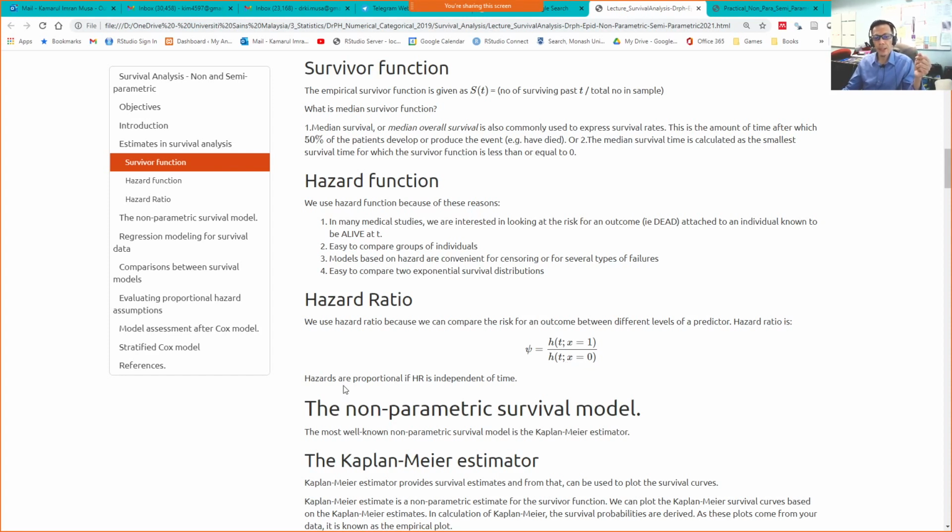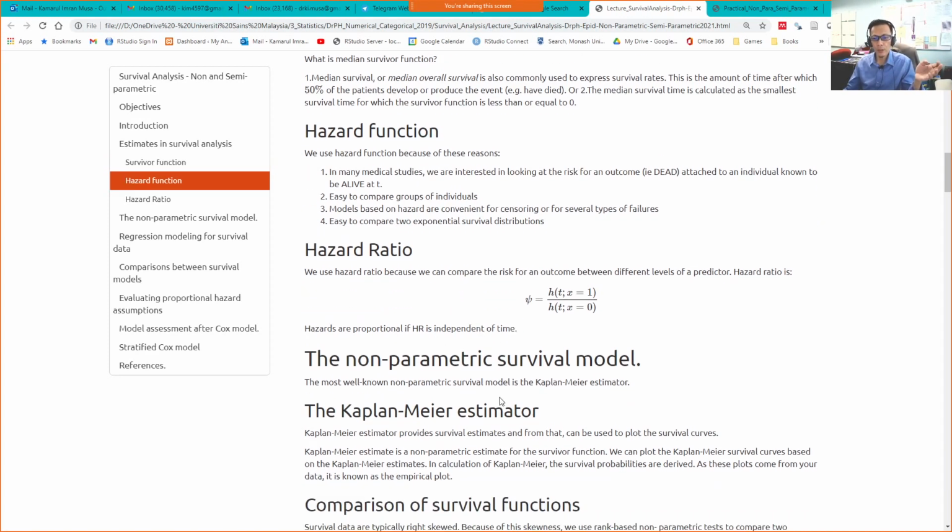Okay, and hazards are proportional if the hazard ratio is independent of time. Okay, if the hazards are parallel to each other, if the covariates are categorical, then we know that the hazards are proportional.